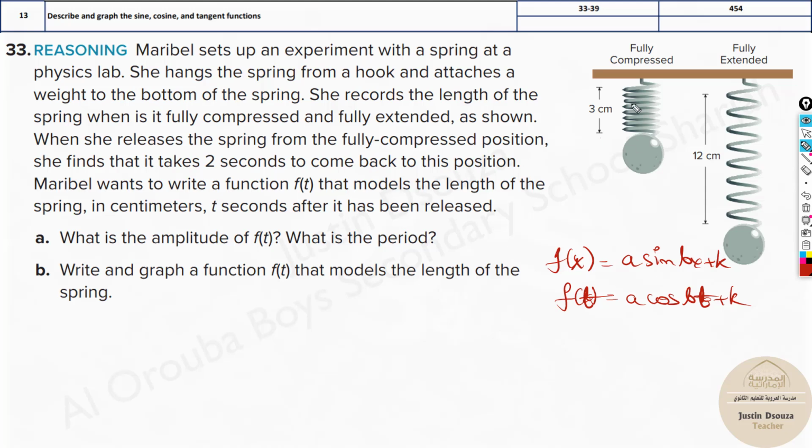But which function do we use? Here, generally, because the compression is happening, there's something already happened, we will take cosine function because it starts from up. Generally, in real world situations, when something has already happened, we take cosine. And the amplitude, what happens? Will A be positive or negative? Here, if you see, the compression is there.